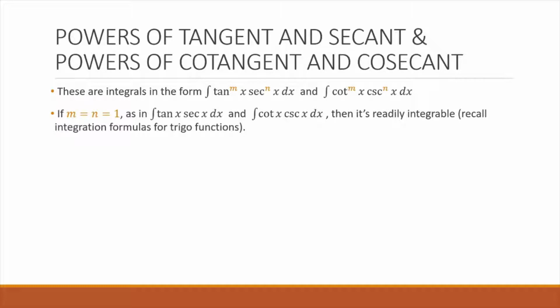So, product of tangent and secant lang or product of cotangent and cosecant, which are readily integrable because of our formulas for integration of trigonometric functions, di ba? Product ng tangent and secant, its antiderivative is secant, right? Product ng cotangent and cosecant, its antiderivative is negative cosecant. So, automatic na for this case.